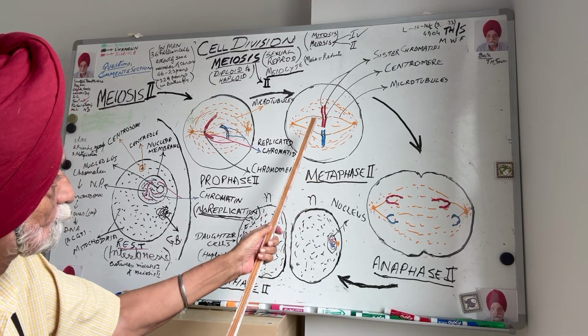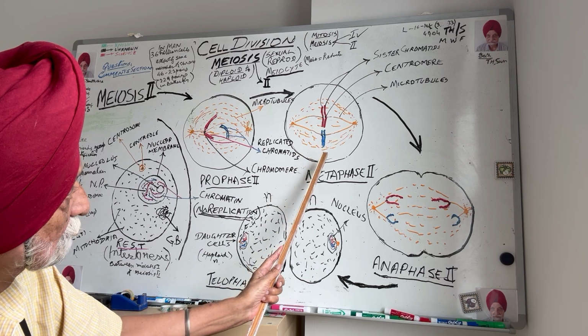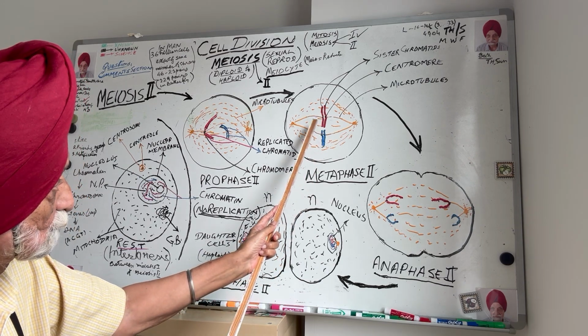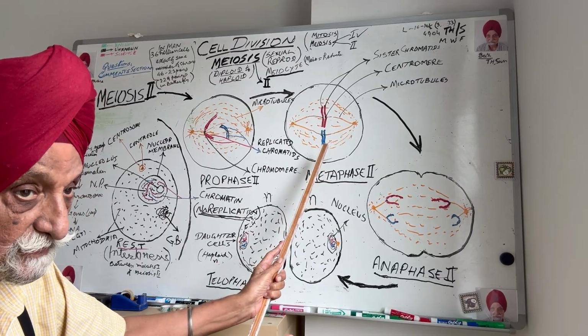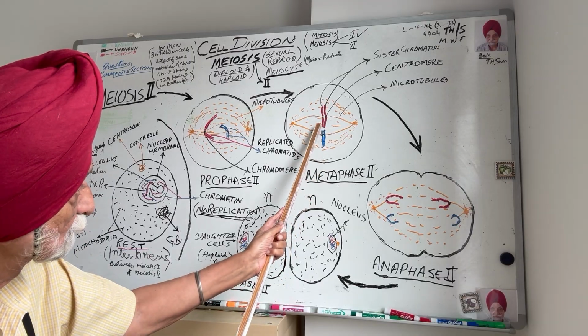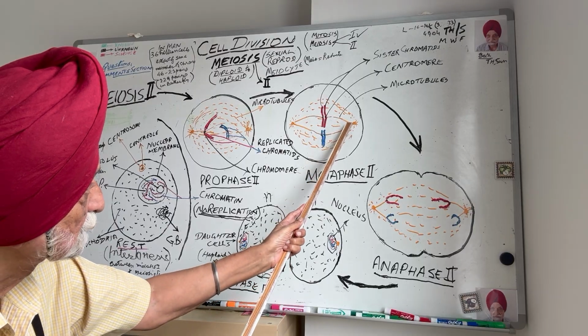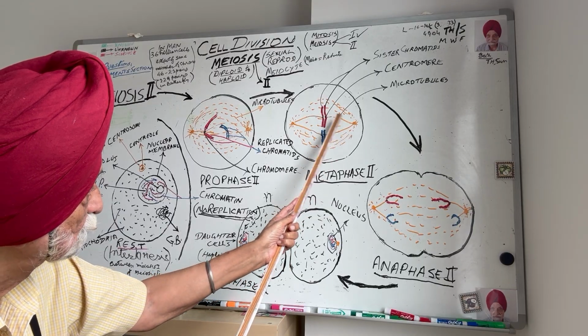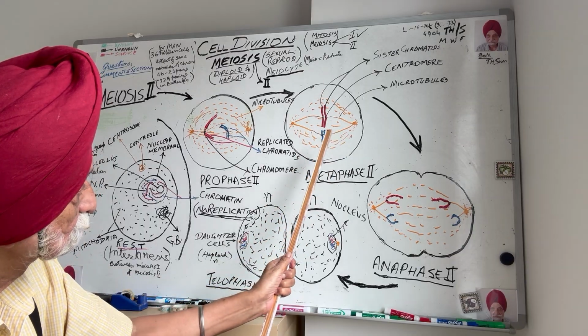In metaphase 2, the chromosomes line up in the middle, and of course the sister chromosomes line up in the middle. They are already replicated. Therefore, I'm calling them sister chromosomes. And then they get attached with these microtubules to the centrioles at the poles.